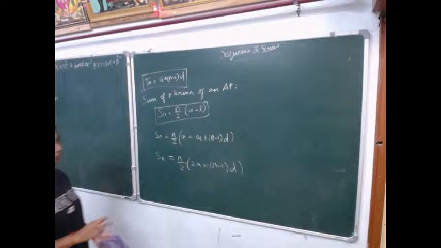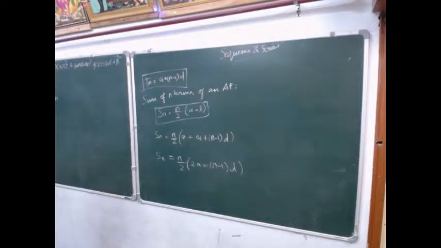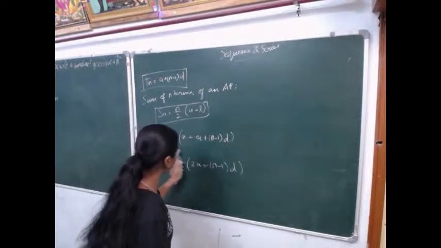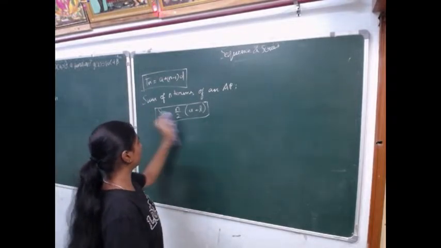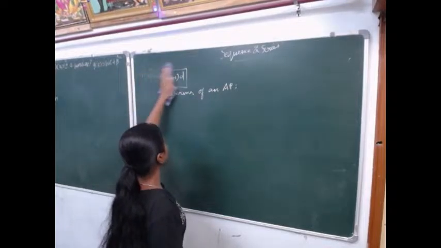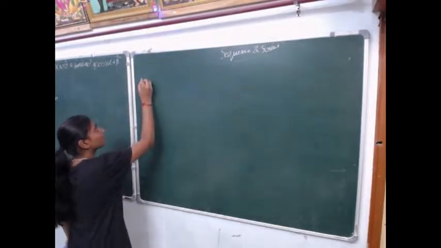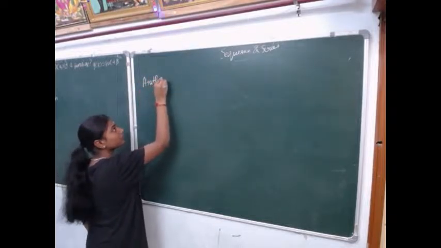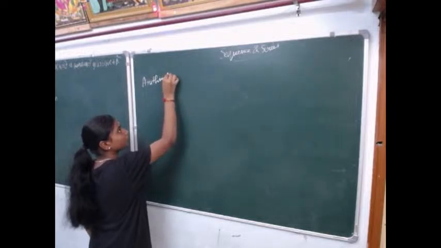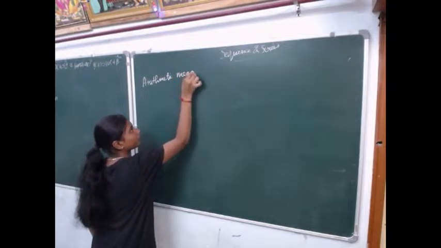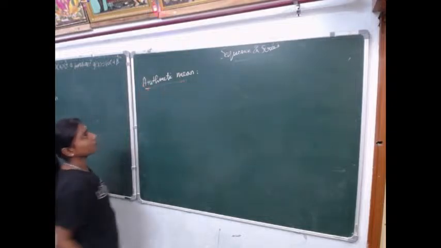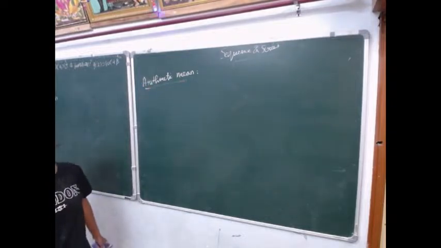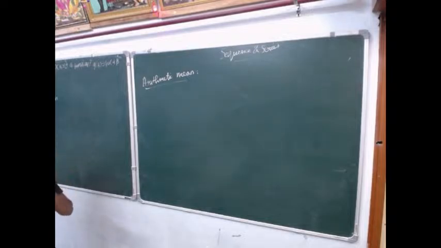Now you should know something about the arithmetic means also. Okay, take down arithmetic means. Let us consider three quantities: a, capital A and b. Capital A is the arithmetic mean, a is the initial term, b is the final term or the subsequent.